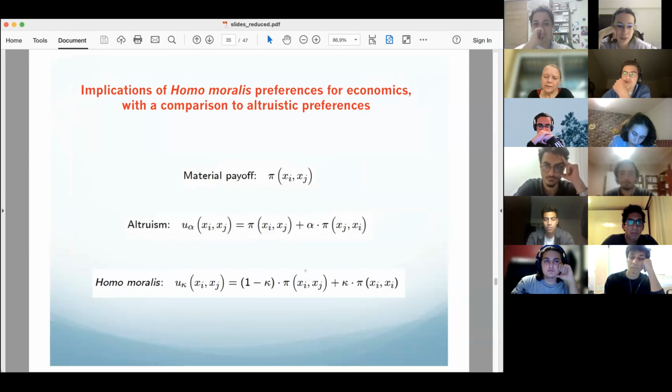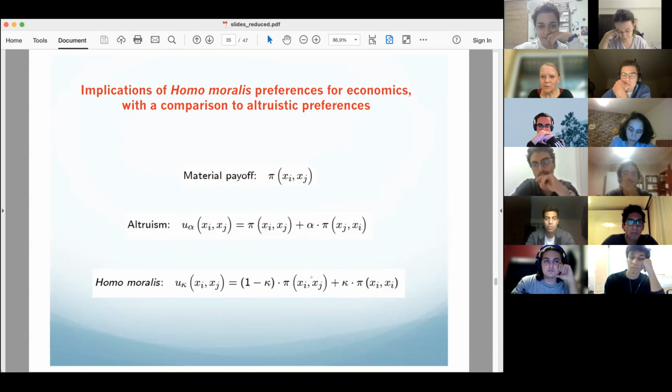But the homo moralis are not consequentialistic. Homo moralis does not care about the other individual per se, right? The homo moralis only cares about own payoff, the true material payoff, and then what he or she would get if both were to do the same thing. And so we'll see, sometimes these will behave in a similar way, sometimes in very different manners.